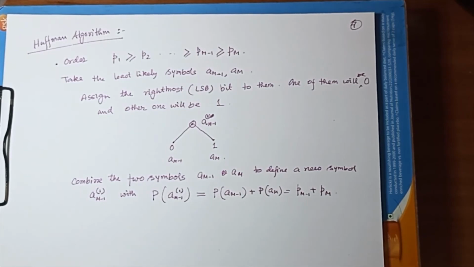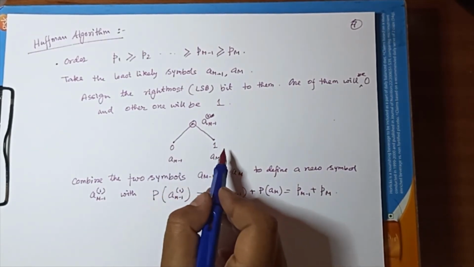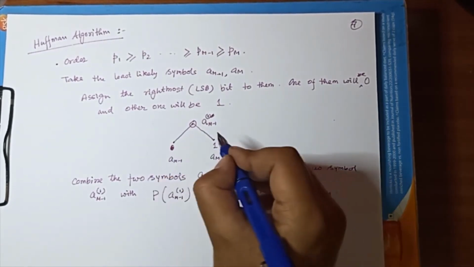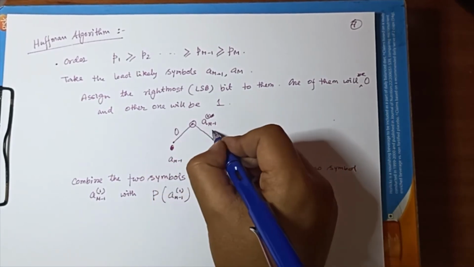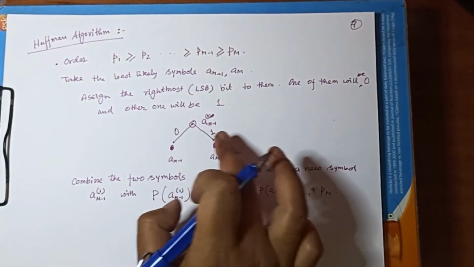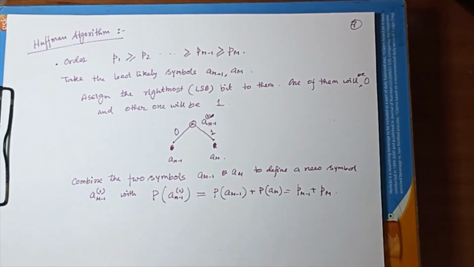Now I assign only the last bit. The 0s and 1s are on the branches. This is the LSB which has been defined. The earlier bits are not defined. So how do we find those earlier bits?